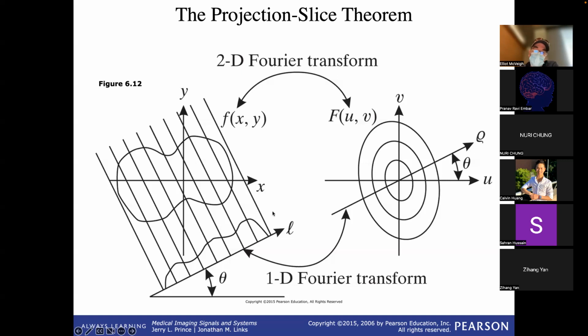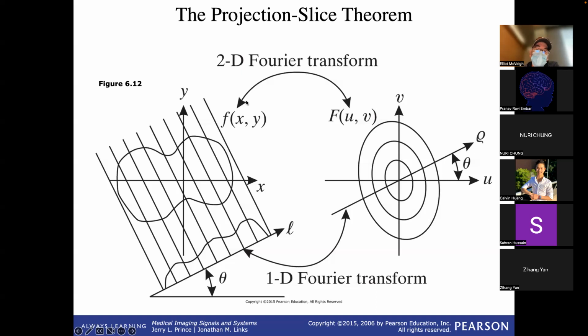It will turn out that it is related to a sampling of the Fourier transform of this image, right? Which is not obvious just straight out of the box. If you say, okay, I'm going to take the one-dimensional Fourier transform of this function, when I take the values of that, it turns out they are equal to the values along that angle in the Fourier transform of the original image.